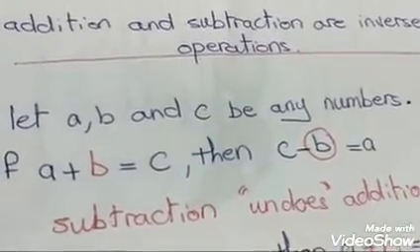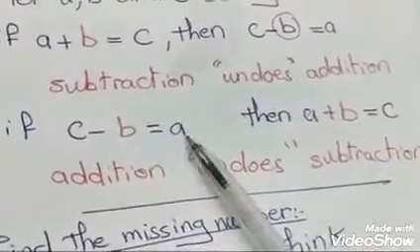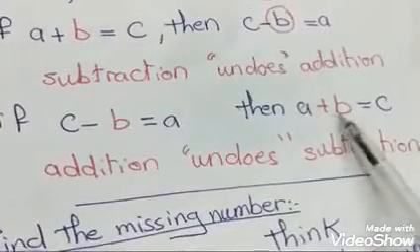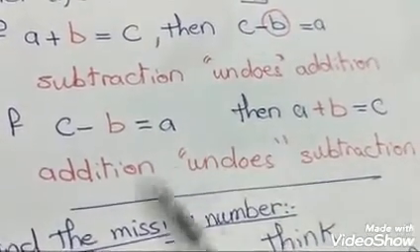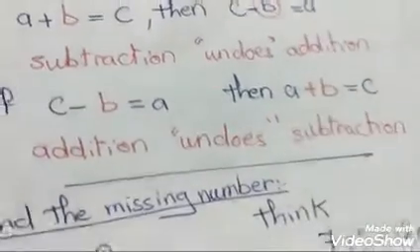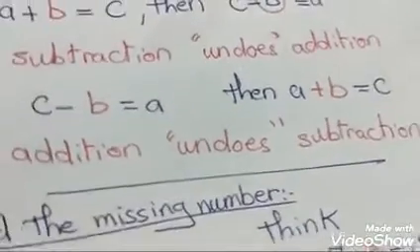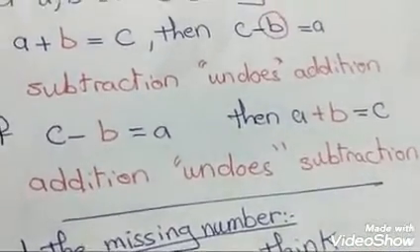On the other hand, for subtraction, if C minus B equals A, then A plus B equals C. Addition undoes subtraction. So now we know that addition and subtraction are inverse operations.